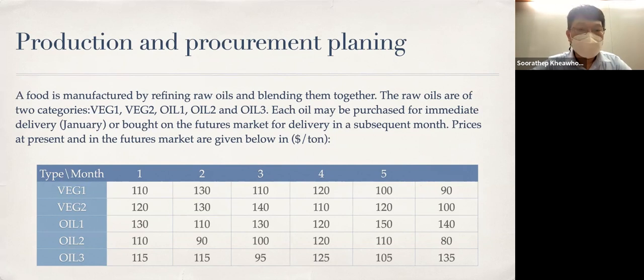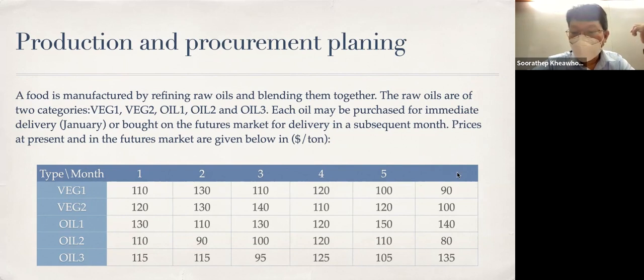For example, in January, you purchase it at the beginning of the month, process it, blend it, and sell it that month. Or you can buy it on the future market for delivery in subsequent months. So prices at present and in the future market are given in this table in dollars per ton.